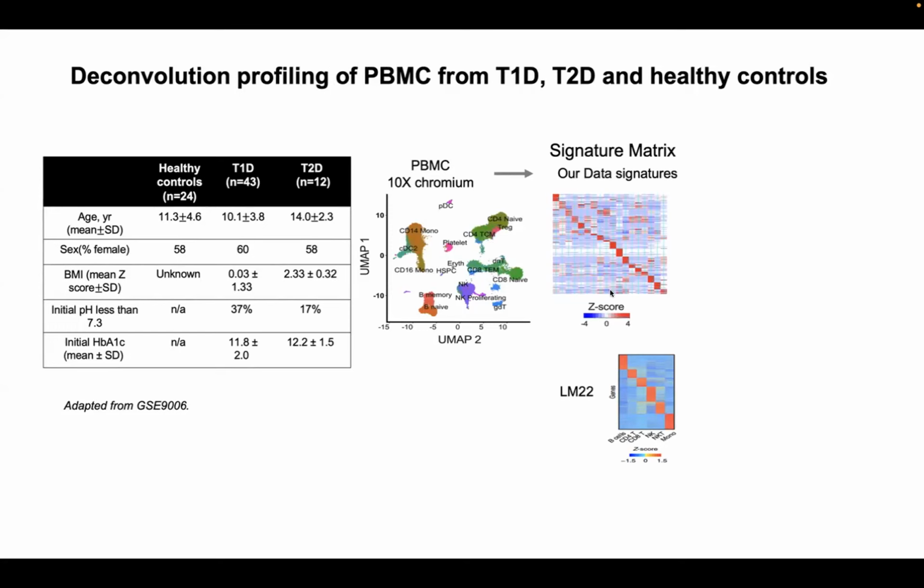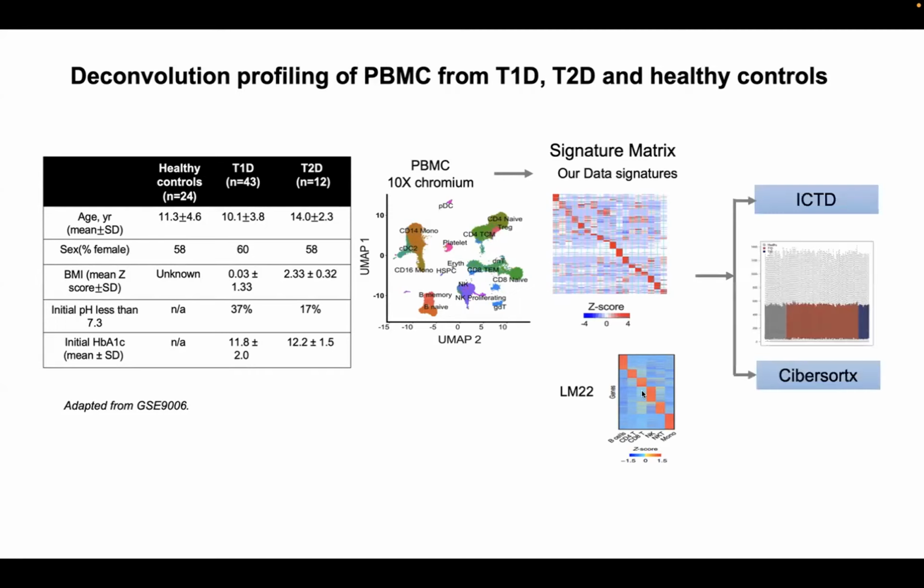This is the heat map showing the signature derived from our own data. We can see that the signature can be very different across different cell types. Meanwhile, we compared with another public signature matrix, AM22, and ran them simultaneously. We are running two tools, ICTD and CIBERSORTx, together.